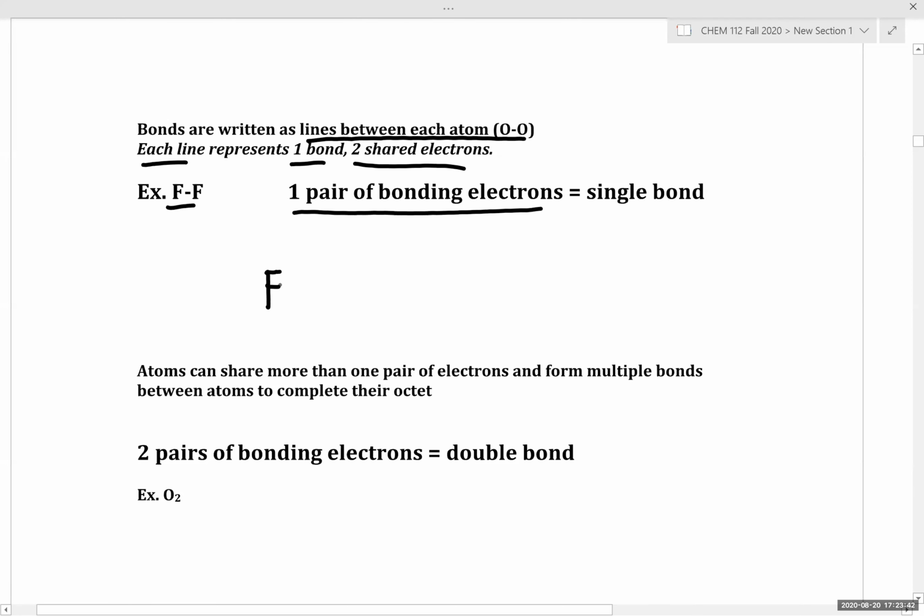For example, these 2 fluorine atoms have decided to share 2 electrons. And as we can see very clearly, each fluorine has 8 surrounding electrons to its name.